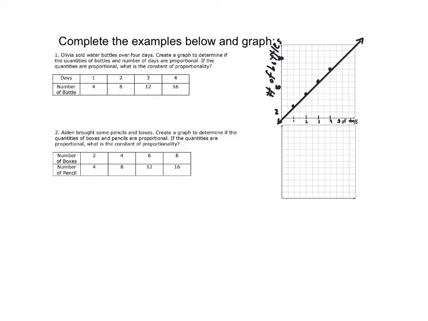Okay, so the second one is number of boxes and number of pencils. I'm going to put boxes here and pencils here. And it's 2, 4, 6, 8. So that's 8.